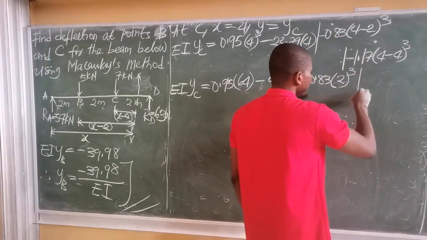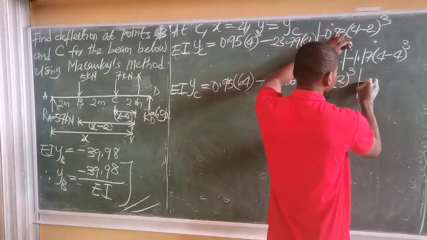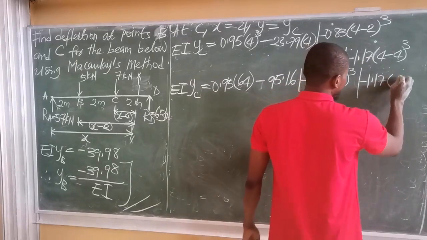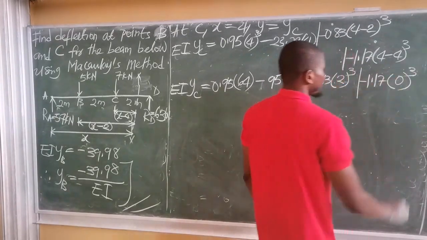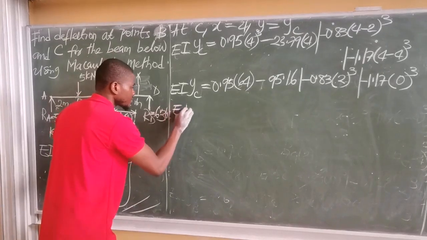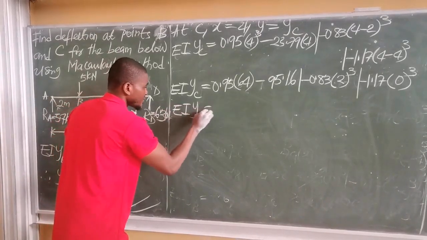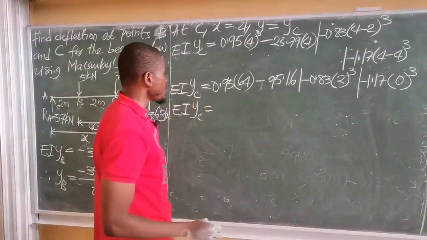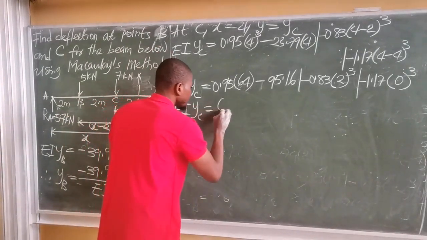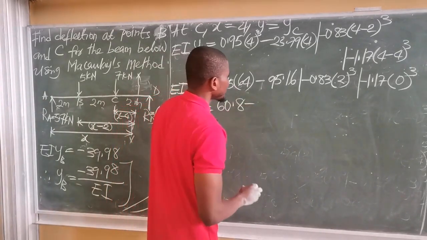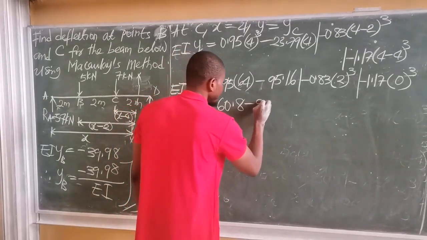Open your Macaulay's bracket, here I have minus 1.17 into 4 minus 4, automatically this is 0 to the power of 3, so I have that. So EI YC is now equal to, so 0.95 times 64, we have 60.8 minus 95.16.